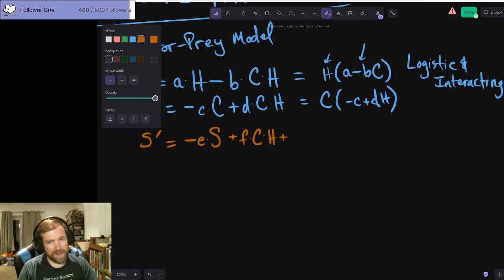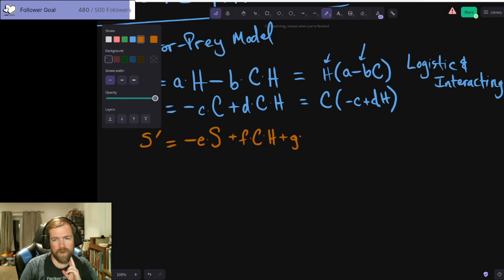And also, there would be some effect with what would happen if each individual species were just left alone by themselves and had a negative growth rate.